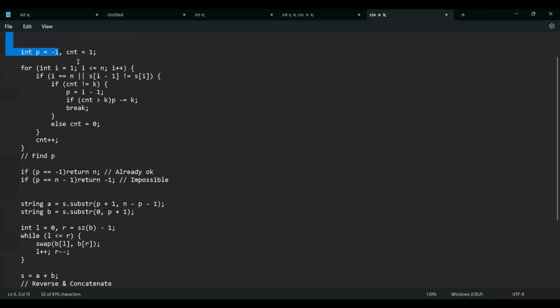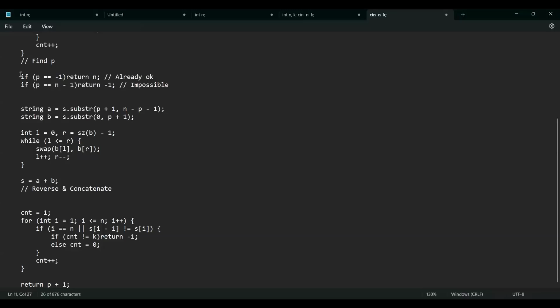For counting how many characters I have in a bucket, like K, I'm counting how many characters are the same. And if the two characters are not equal, then I need to break here.